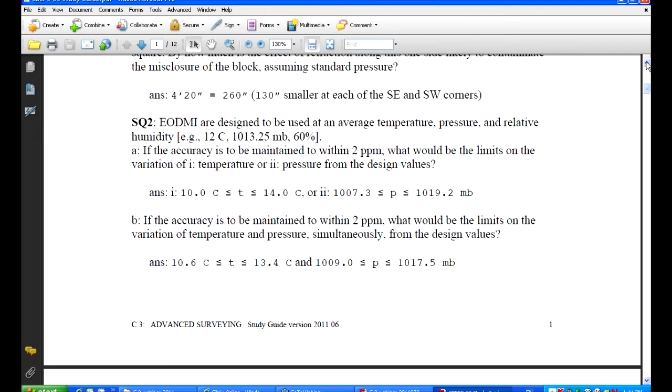This particular study question is merely asking whether you can look at the formula for refractivity or refractive index and take the partial derivatives. And the difference between the two parts is that in the first part, it's asking individually how temperature or pressure on its own would affect the refractive index or refractivity, whereas in the second section, part B, it's simultaneous, so you then have to actually consider the two of them together. So that's why a factor of root 2 would come into that one.